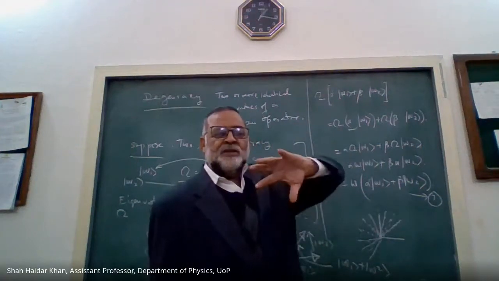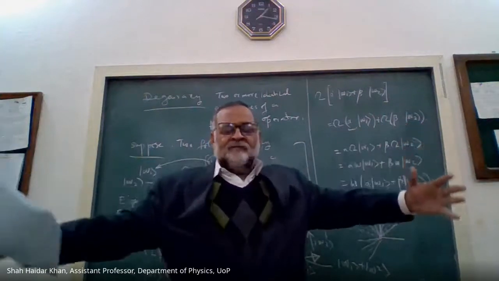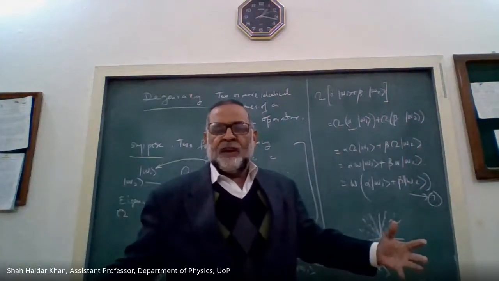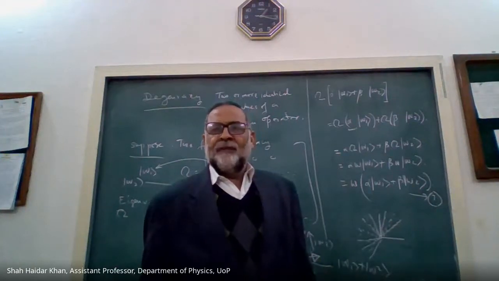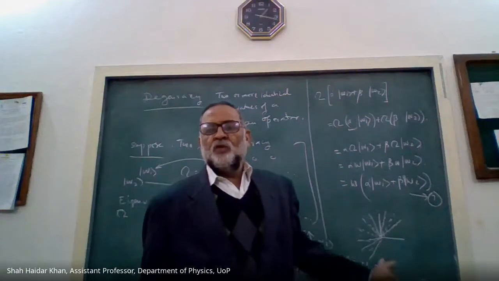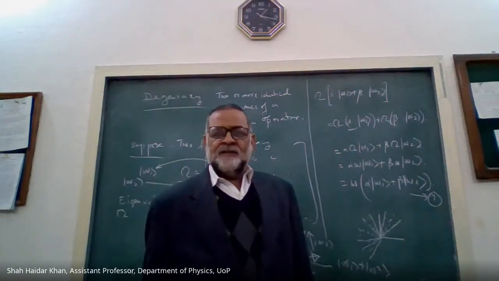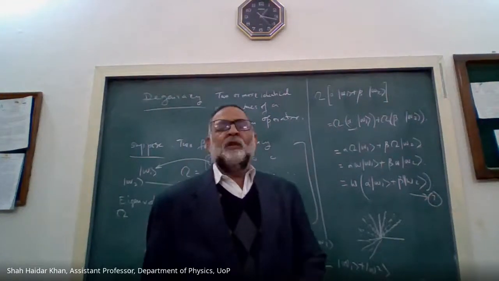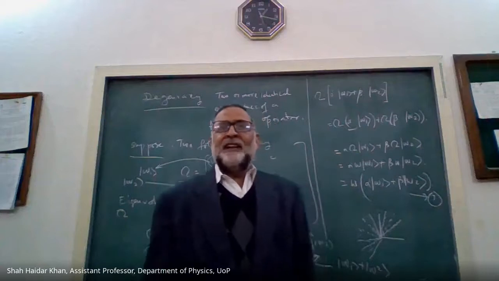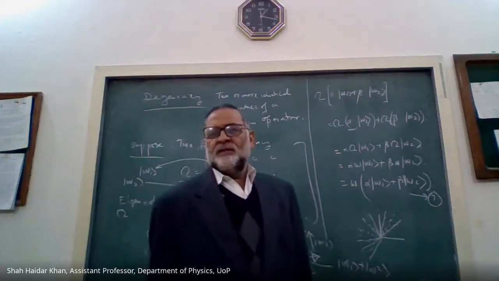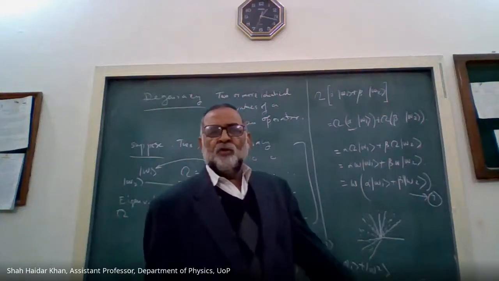And the freedom is you have infinite number of choices and you can just select any two from them, provided these two vectors are perpendicular to each other. And you will not be violating any rules, or you will not be creating any problem.